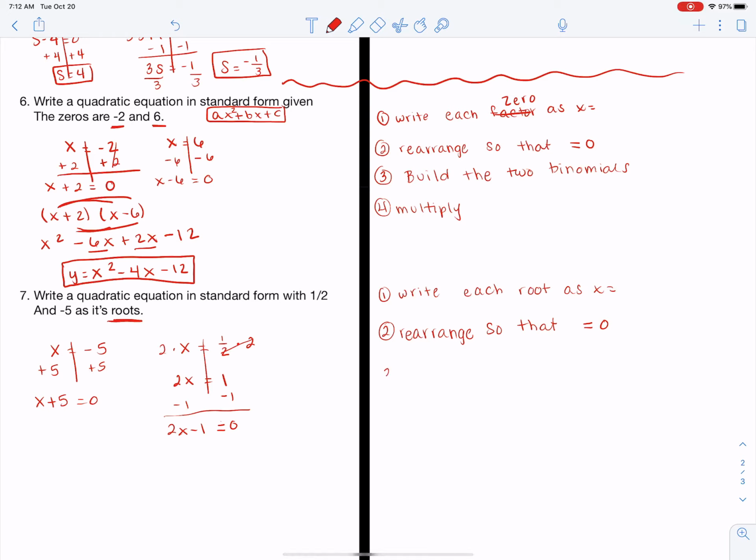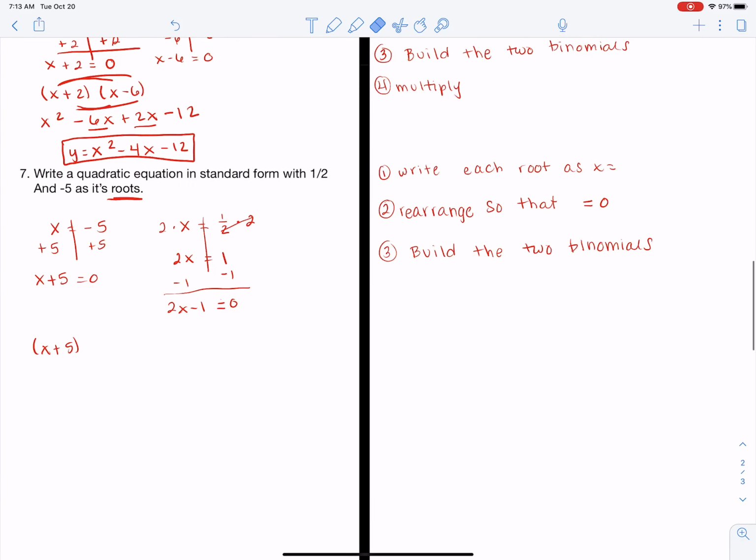Step 3, build the two binomials. So x plus 5, and that's kind of messy. And 2x minus 1.